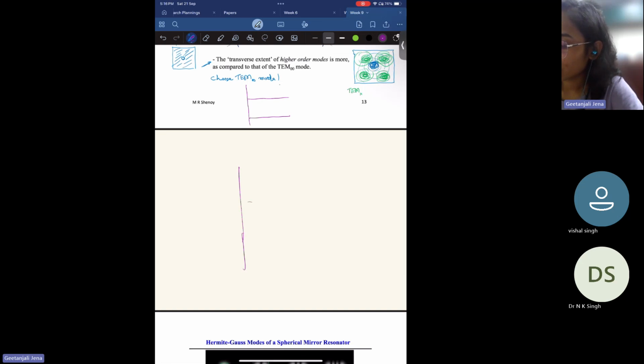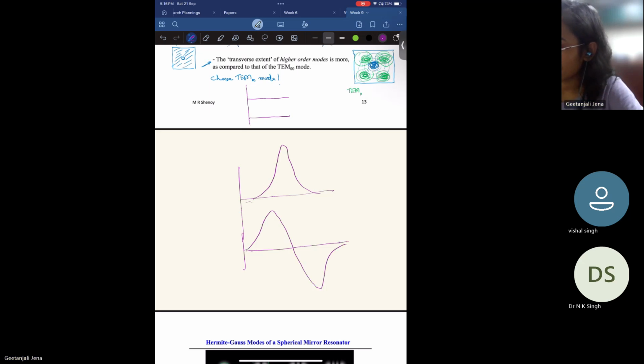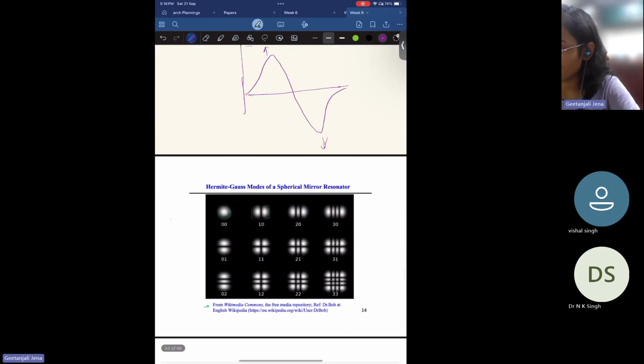If you see the TM00, the field pattern is like this, but for TM01, the field pattern is like this. Now, if you put an aperture here, this mode will be easily selected, but this mode will be blocked because of the aperture in the system. So this is how you can use a Teflon aperture to select one single transverse mode in your system.